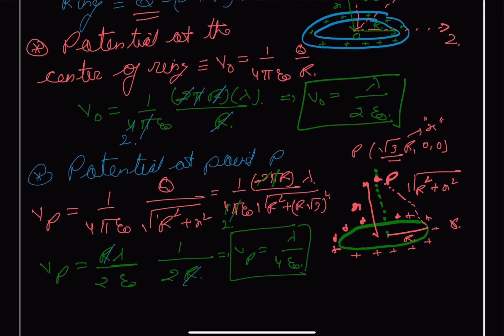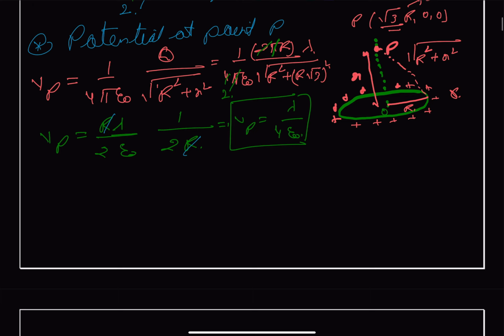So we got the potential at the center O as well as point P. Now from here we can find out the change in the potential energy, because charge Q is going to travel from P to O. Therefore we can say that change in potential energy, let us call this delta U, will be equal to charge times V0 minus Vp.